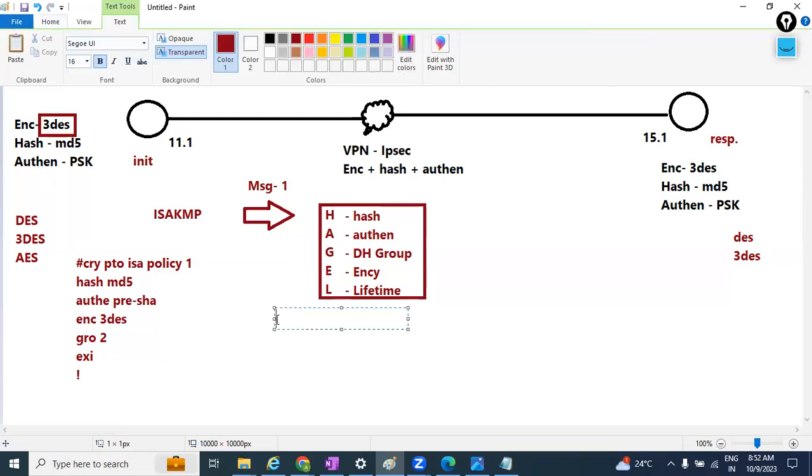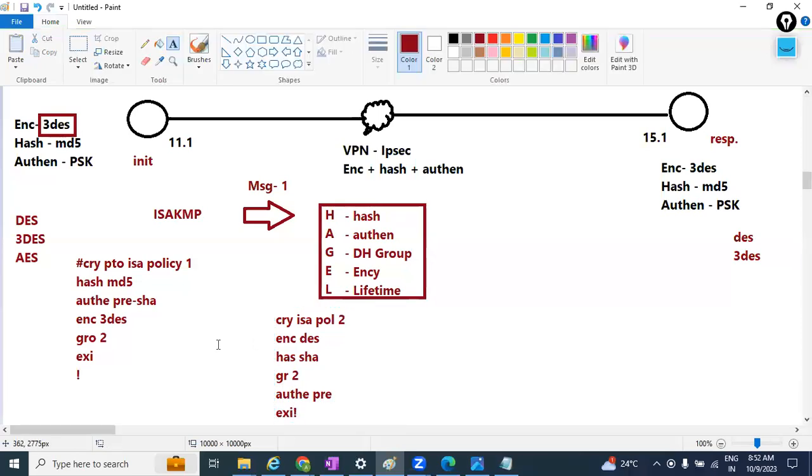Second policy, I'll create it, crypto ISAKMP policy 2. Encryption, earlier it was 3DES, now I'm using AES. Hashing SHA, group 2, and then authentication pre-share, and exit. So this is policy number 2.